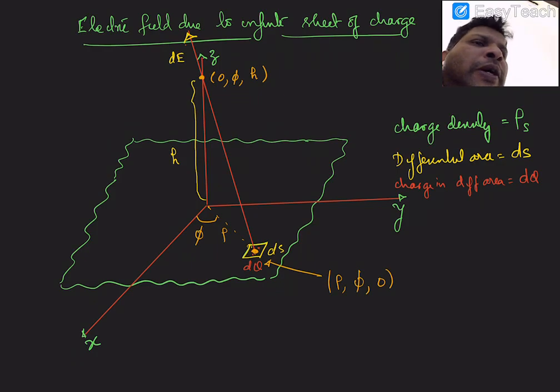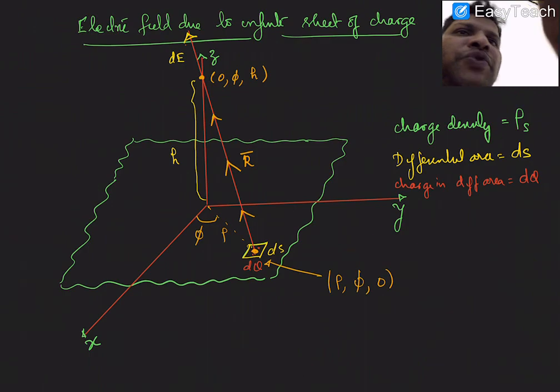The vector joining these 2 points is in the direction of the electric field, and it can be represented as r bar. So what is my r bar?